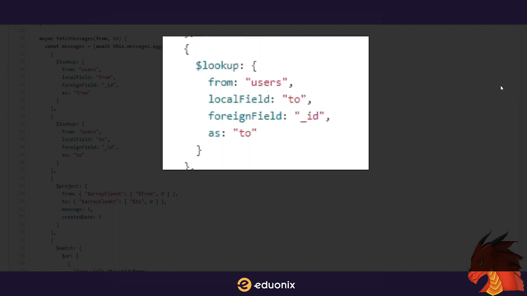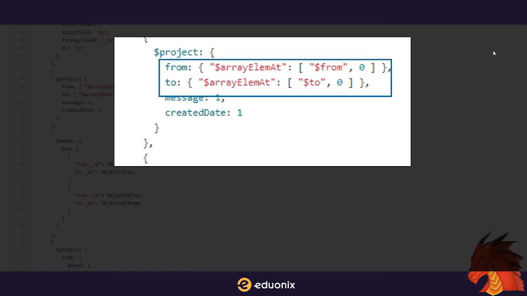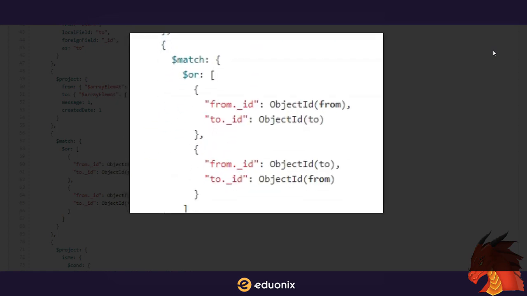Then another lookup stage does the equivalent to the to field of each message. After that, we use project stage to organize the documents from users into a new document. The new document neatly displays the full records of each user in to and from fields.